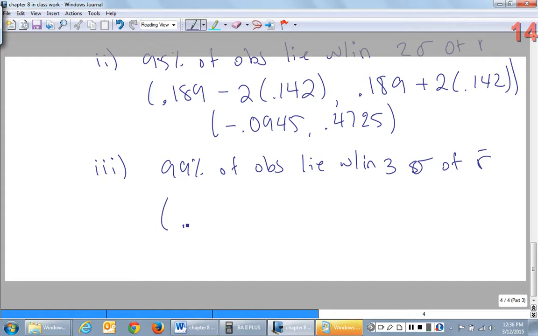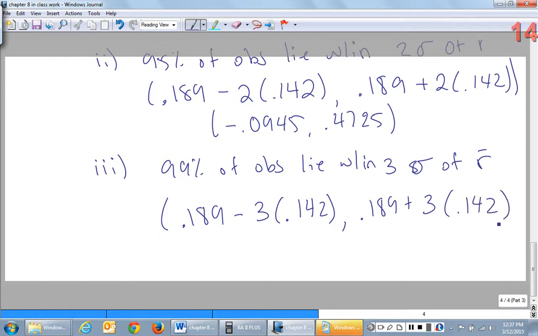So we have our expected return of 18.9% minus 3 times the standard deviation of 14.2%, and our expected return plus 3 times our standard deviation of 14.2%. So 99% of observations will lie between a negative 23.7% and a positive 61.4%.